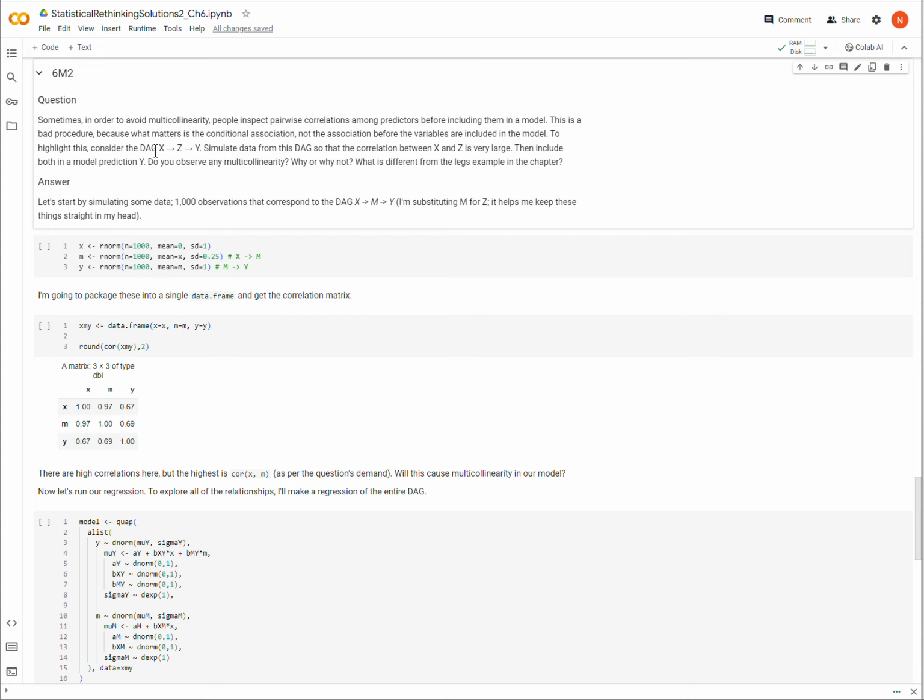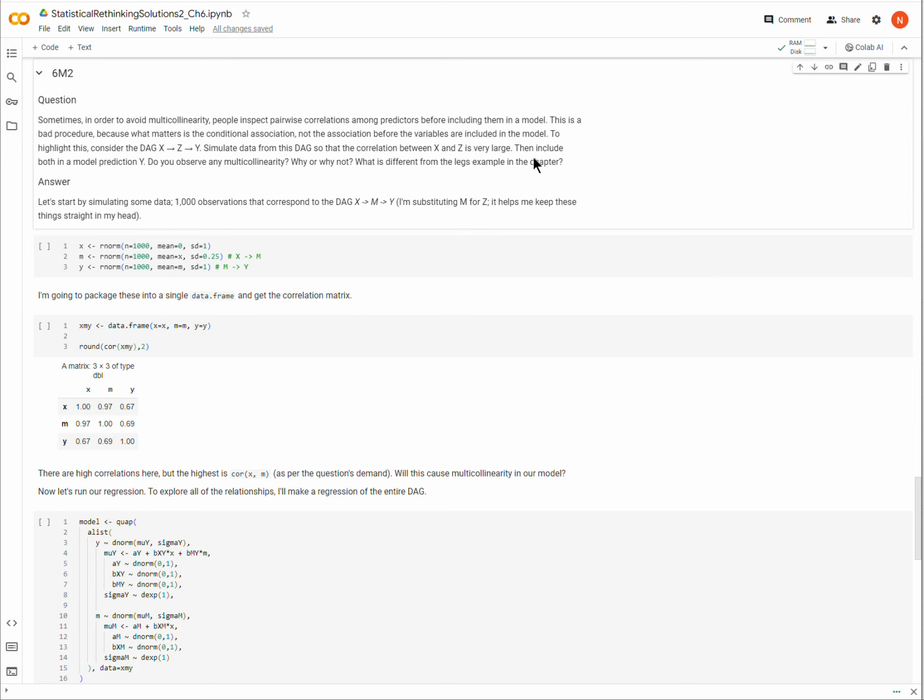To highlight this, consider a DAG, which is just a mediator or a pipe, X, Z, Y. Simulate data from the DAG so that the correlation between X and Z is very large, then include both in a model predicting Y with X and Z. Do you observe any problems with multicollinearity? Why or why not? What is different from the legs example in the chapter?